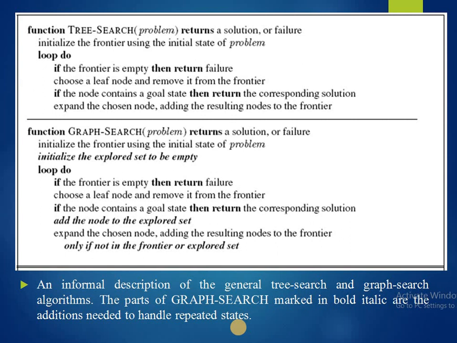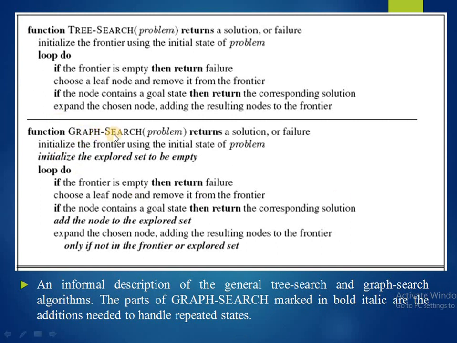So here the informal description of the general tree search and graph search algorithm is provided. The parts of graph search marked in bold italic are the actions needed to handle repeated states. So here the function tree search is provided as well as the function graph search.